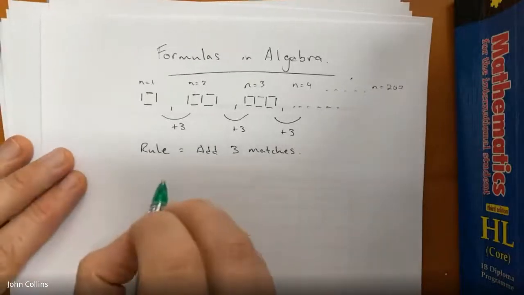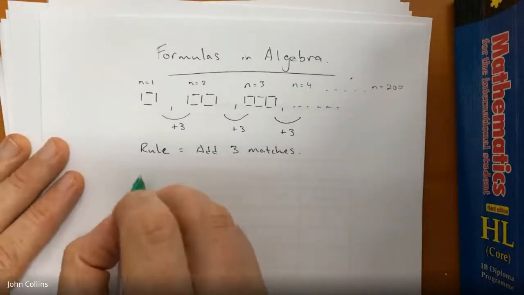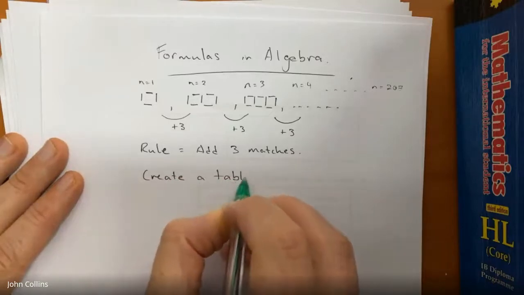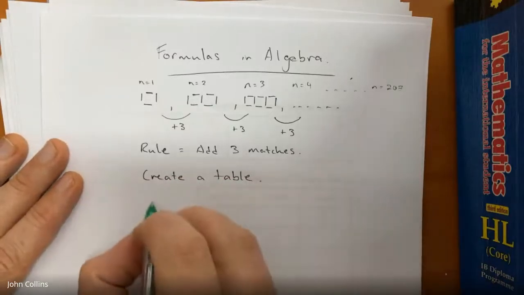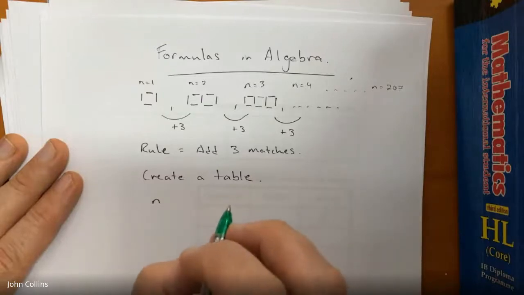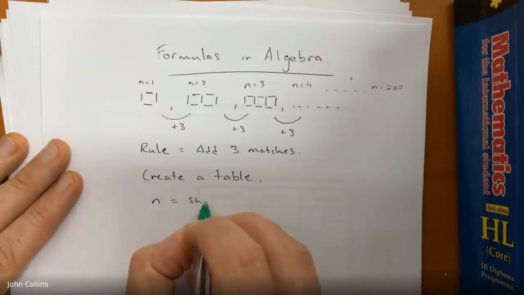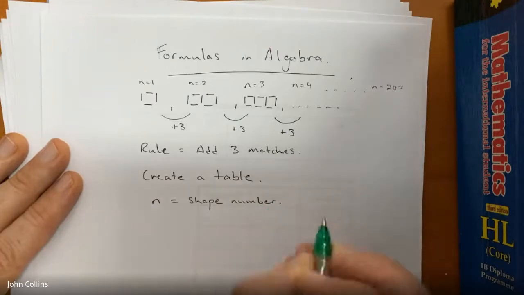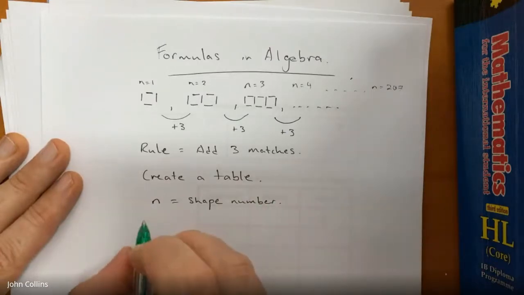And in order to do a formula, it is easier if we create a table. So I'm going to use n for the shape number. And I'm going to use, well, I can use anything.